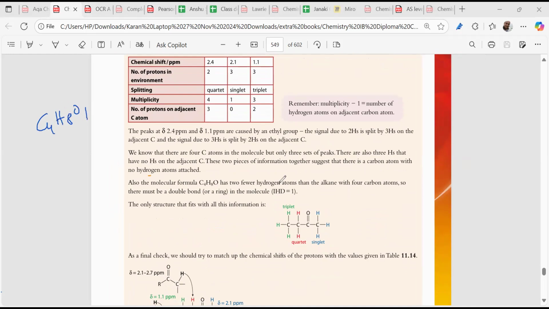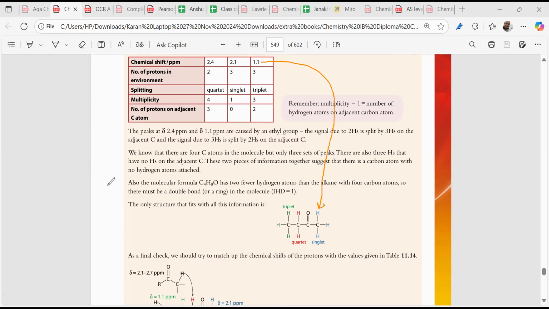Now what are we getting? There will be a CH2 group, which we know. There'll be a CH group next to a carbonyl group. Is it clear? So we write like this. This 1.1 is due to the CH group.